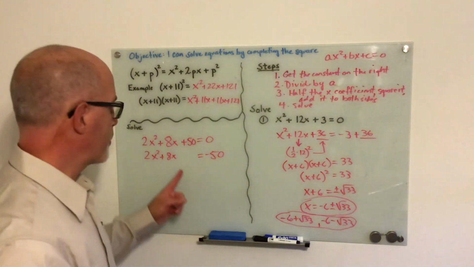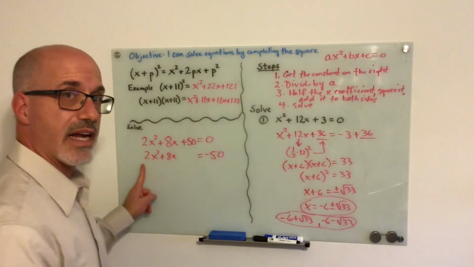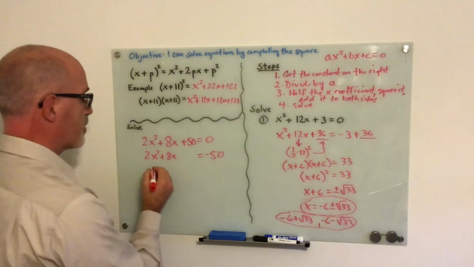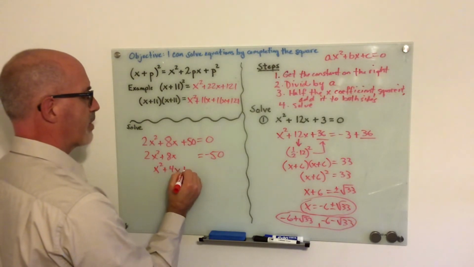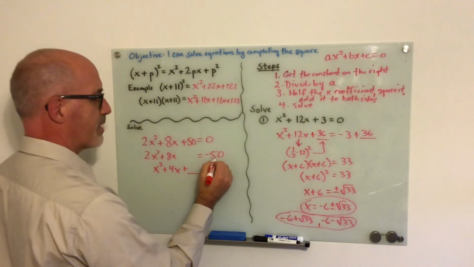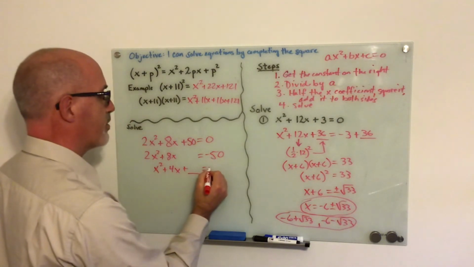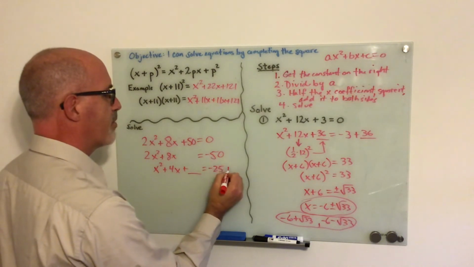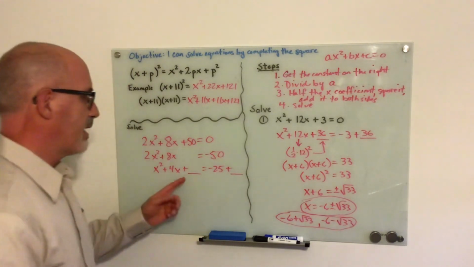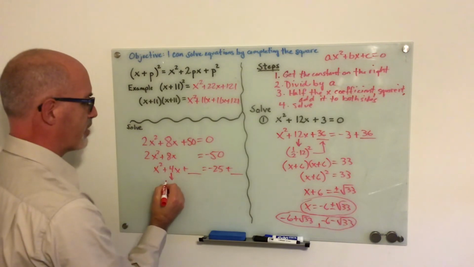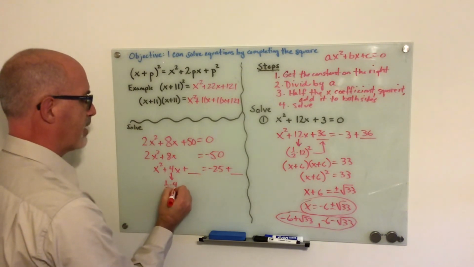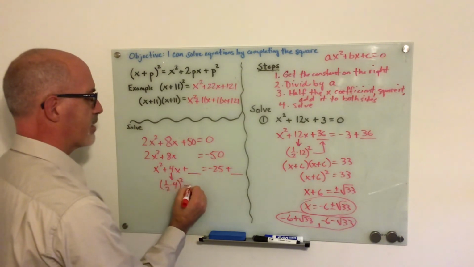Now what we do is we're going to go ahead and divide every term by 2. So I'm going to have an x squared plus 4x plus blank equals, this also has to get divided by 2, so equals negative 25 plus blank. Now I take half of this middle term, the x term coefficient, it's called the linear term, and square it.